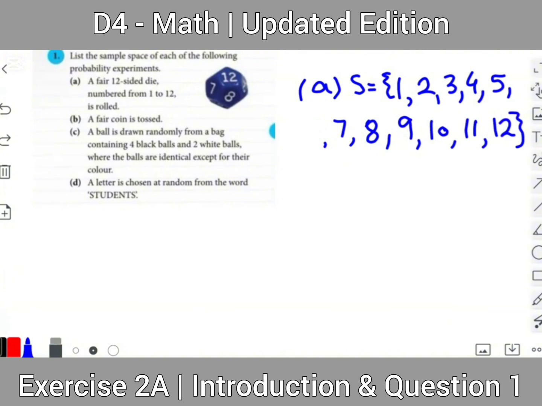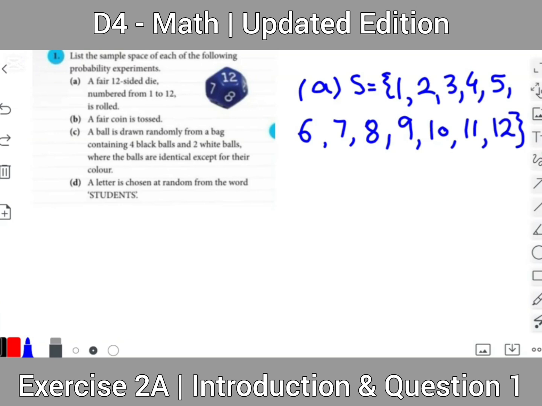Since when a fair 12-sided die is rolled, the outcomes of the sample space will be 1, 2, 3, 4, 5, 6, 7, 8, 9, 10, 11, and 12.